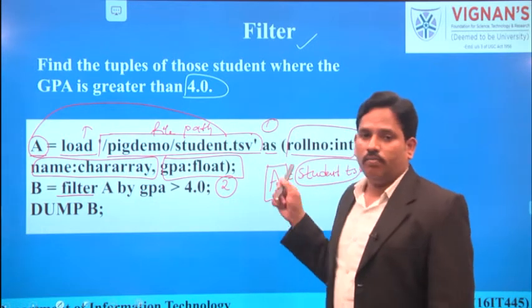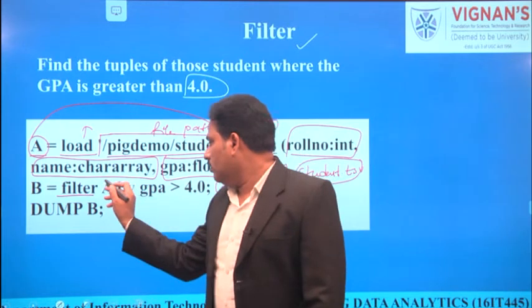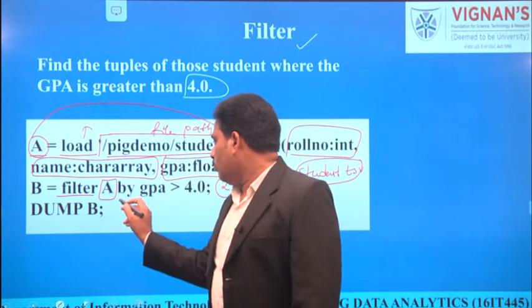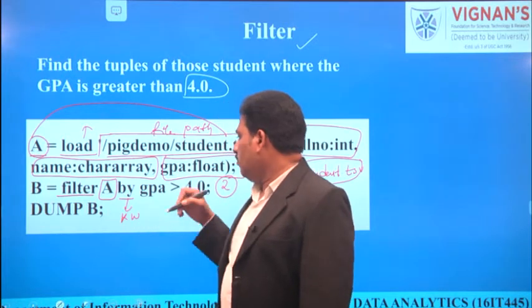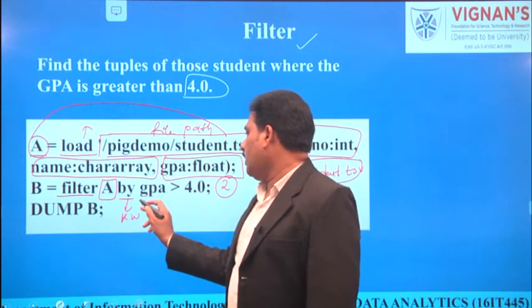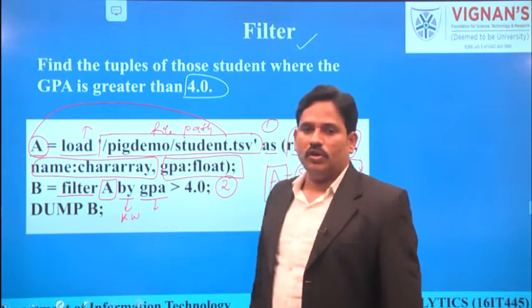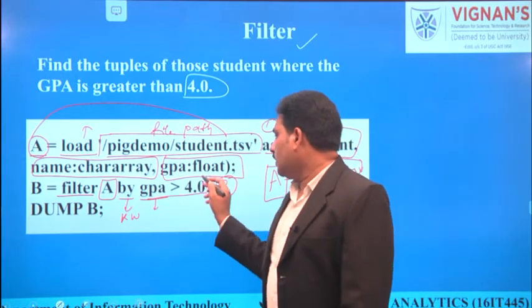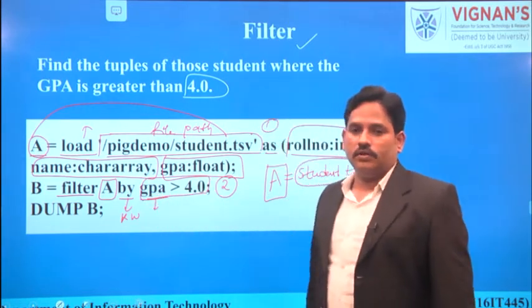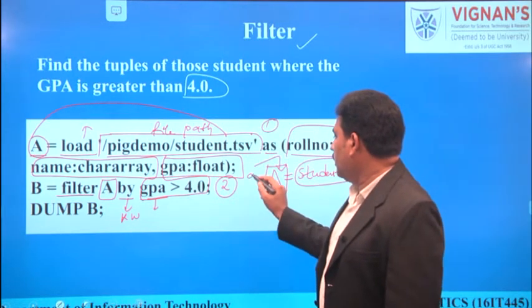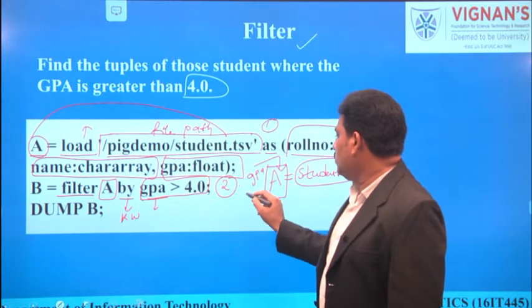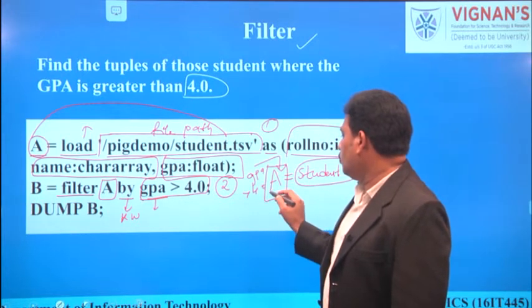Now on this A we are applying our filter. Filter A by is a keyword. On which variable are we applying it? We are applying it on GPA. What is the condition? GPA is greater than 4.0. That means on the records of A we are putting a condition GPA greater than 4.0.